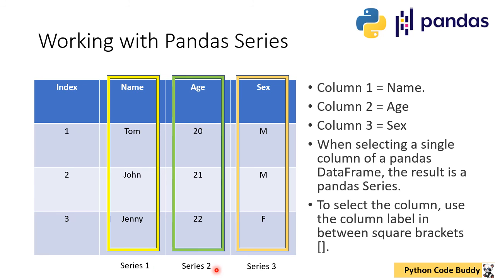Series 2 is for age, or column 2, which has the age data, and series 3 is for the sex data, and this is the index, which is 1, 2, and 3. Now when selecting a column of a pandas data frame, the result is a pandas series. So there are 3 series in this one particular data frame. To select the column, you have to use the column label in between square brackets.